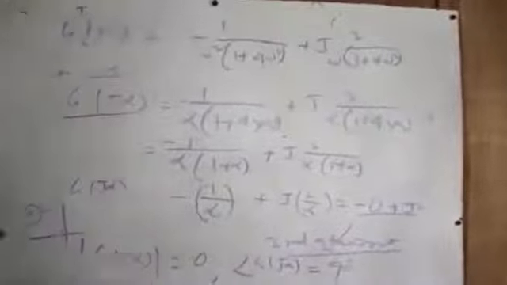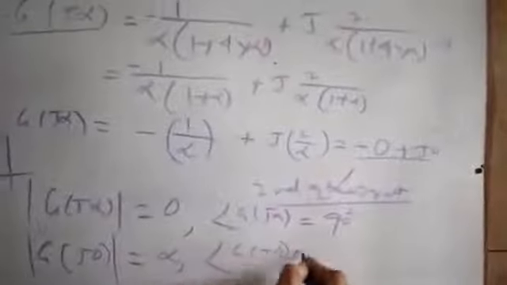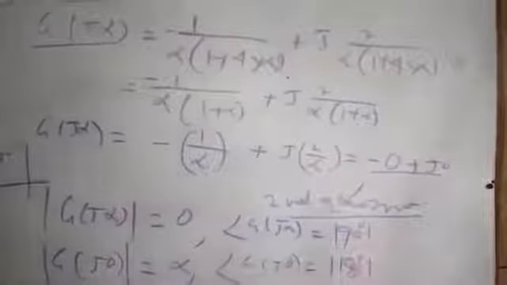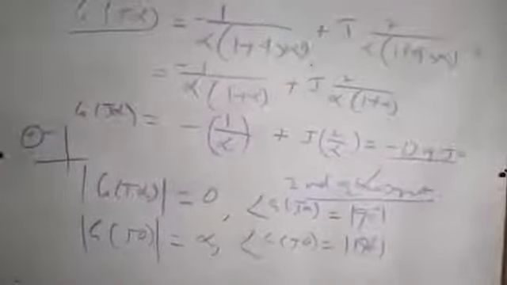Actually there is a mistake previously when we calculated G(j0). The magnitude was infinity, but the angle should be 180 degrees. You can go to the previous slide, backward in this lecture.